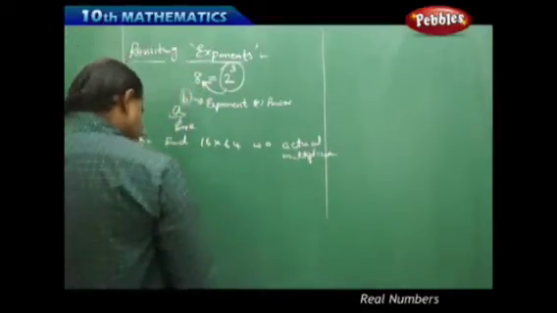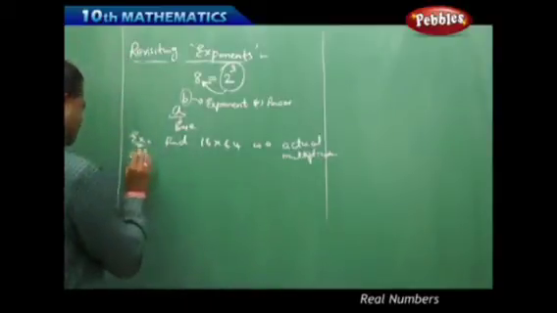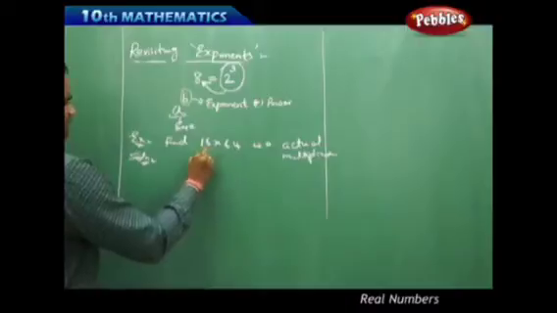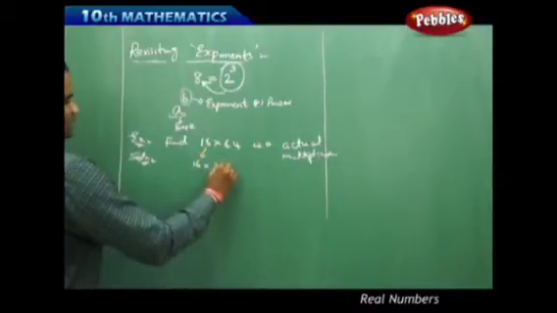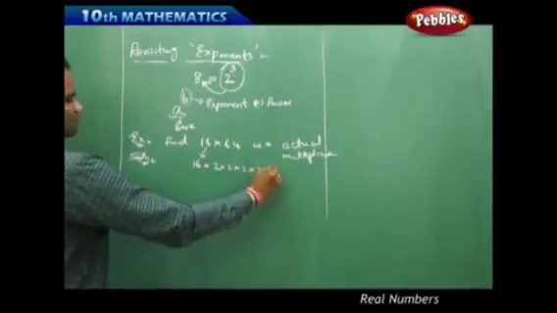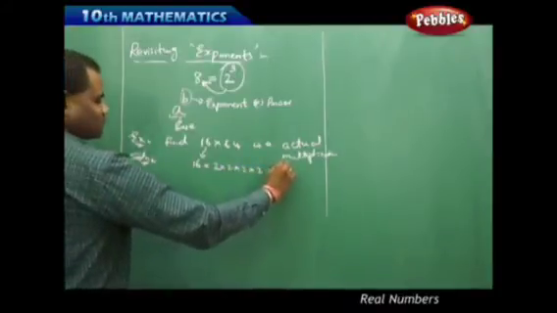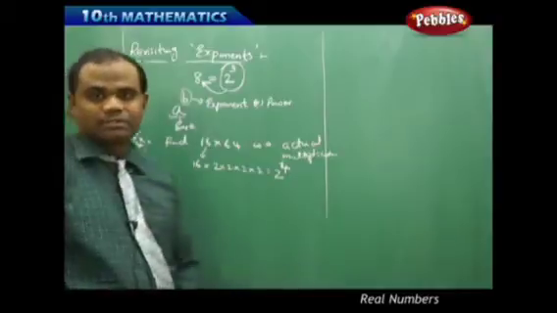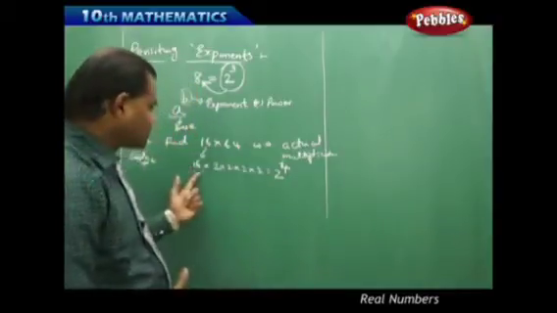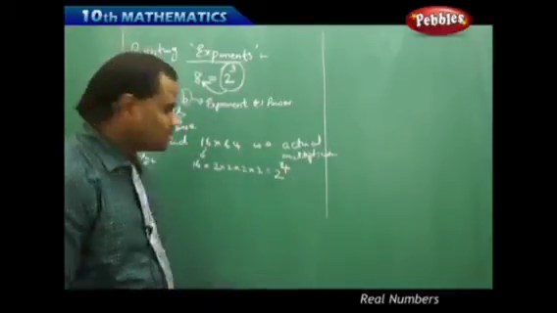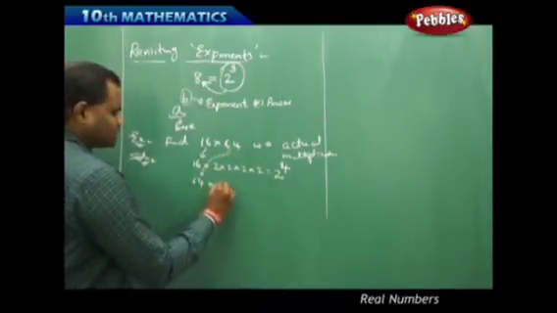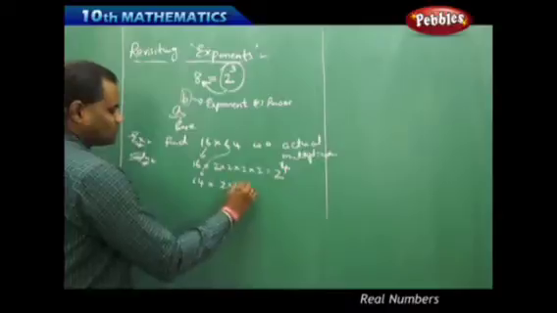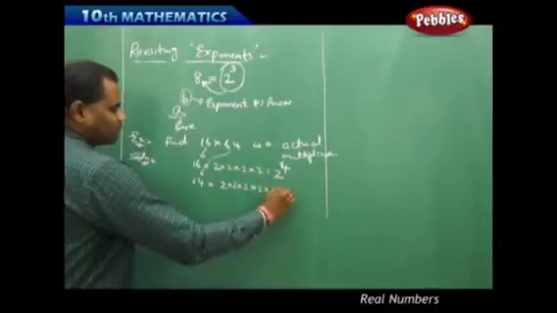So let's take this and see how I can do it without actually multiplying the two values. Now let me take the first value, which is 16, which can be written as 2 times 2 times 2 times 2, which gives me 2 power 4, 2 raised to 4. So 16 can be written as 2 power 4, and similarly I take the second value, which is 64, and this can be written as 2, 3, 4, 5, 6.